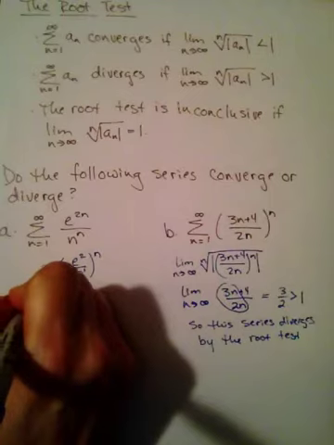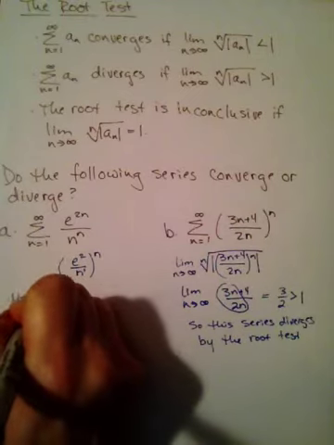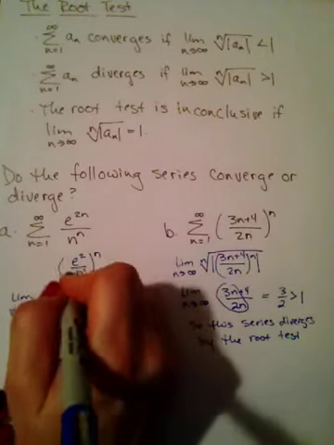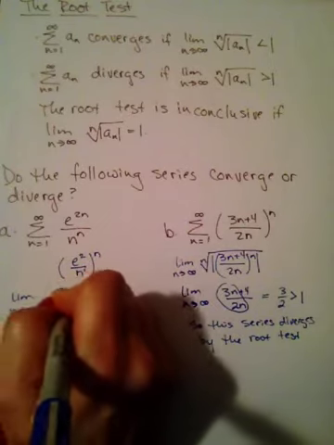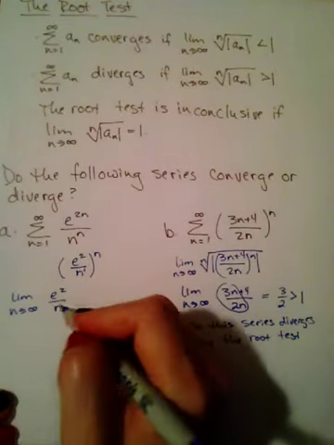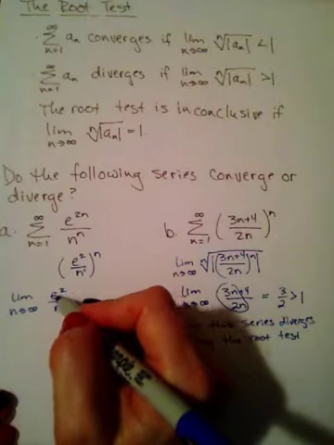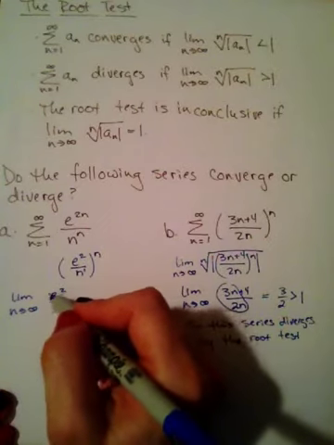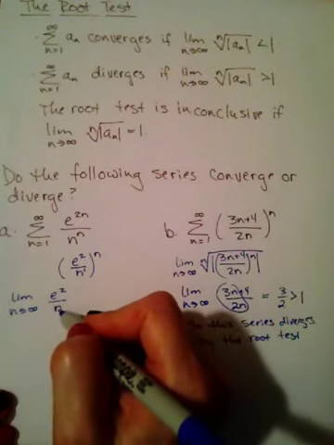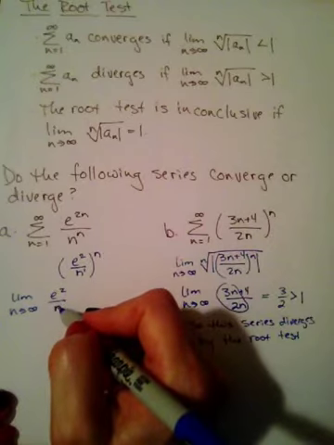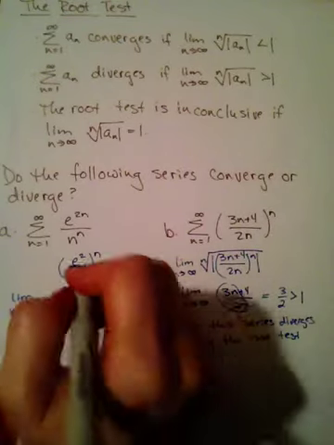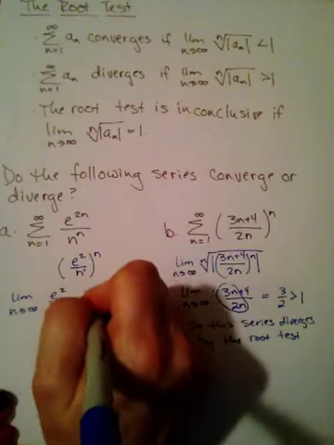What I'm really checking is the limit as n approaches infinity of just this inside piece here, e squared over n. Well, e squared is a number, and e is a little less than 3, so this number is definitely less than 9 divided by infinity. So we're dividing by something really, really large, and this is going to be very, very small. In fact, this is going to be 0.